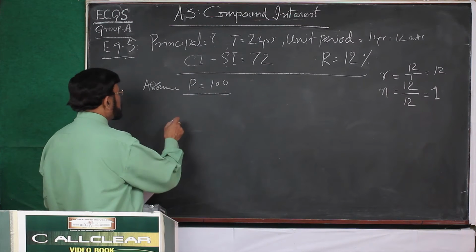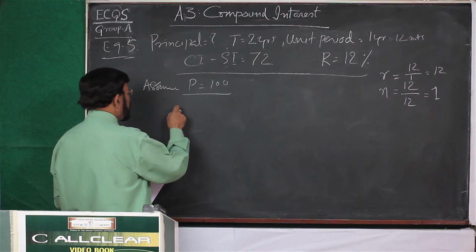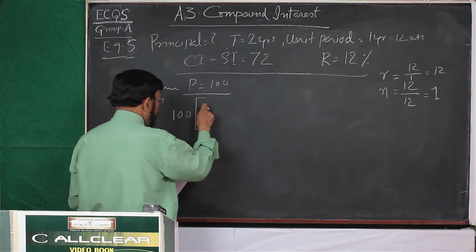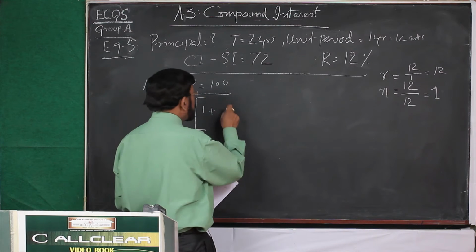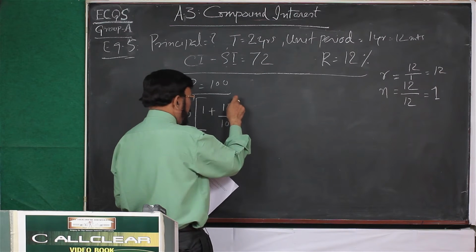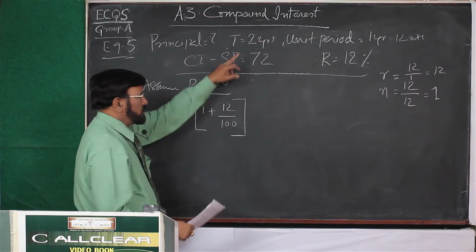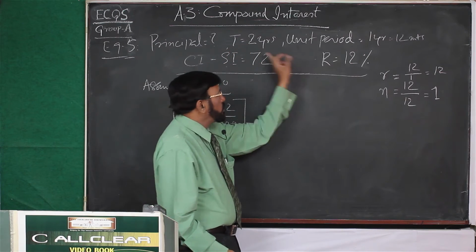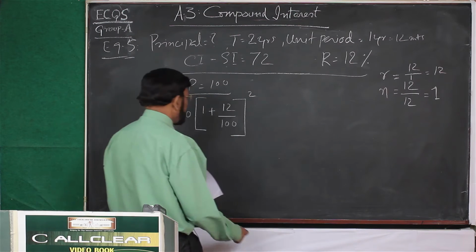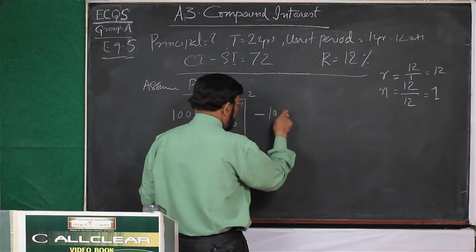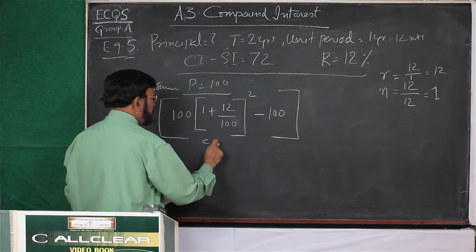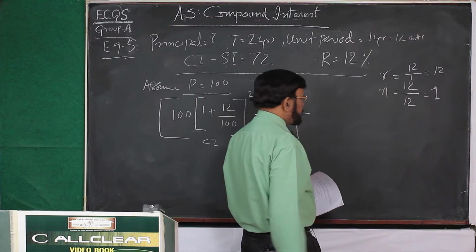So now what is the formula? The formula is: this is principal we are assuming as 100, into 1 plus r, which is 12 by 100, and t is 2 years, that is t into n, 2 into 1, this minus P. This is the formula for CI, minus SI.